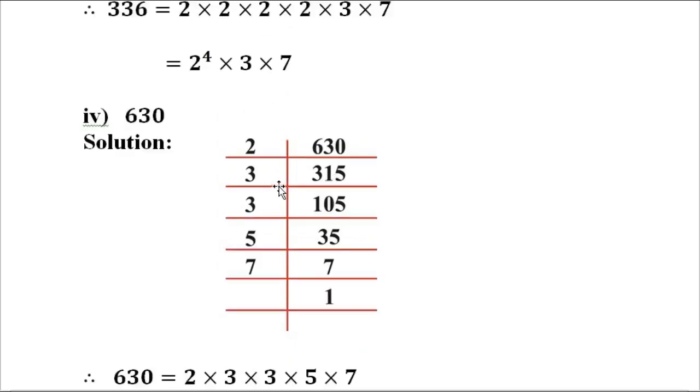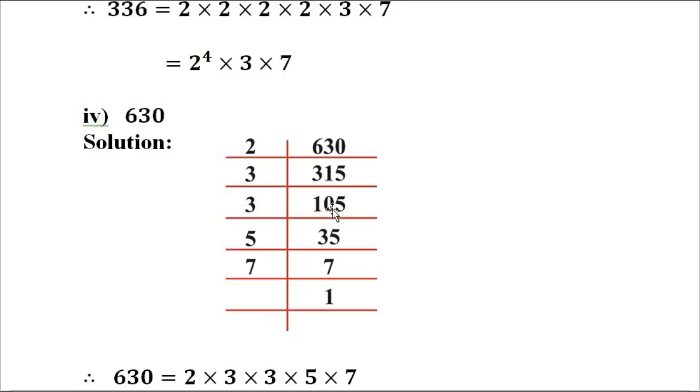The fourth part of this question is 630. Since 630 is an even number, it is divisible by 2. If I divide 630 by 2, we get 315. Since the sum of the digits of 315 is 3 plus 1 plus 5 equals 9, which is a multiple of 3, I'm going to divide 315 by 3 to get 105.